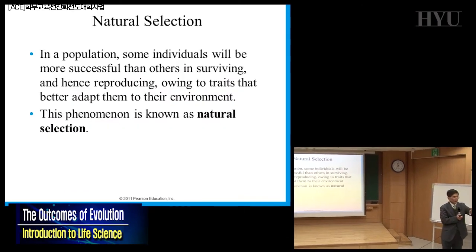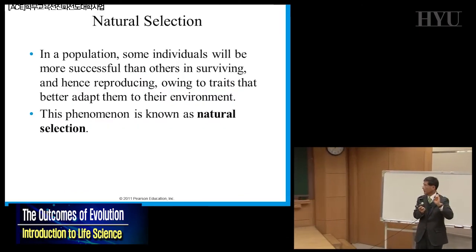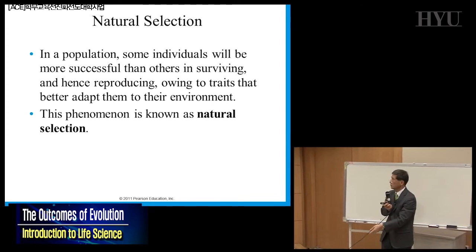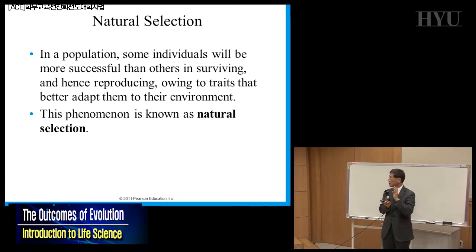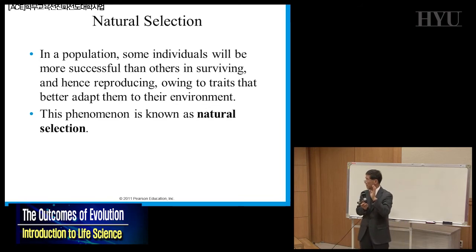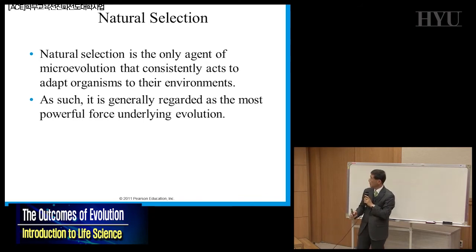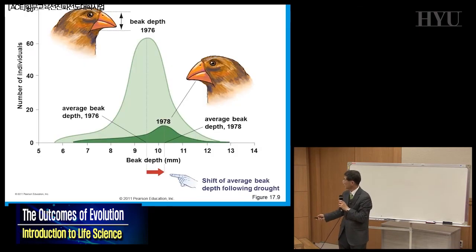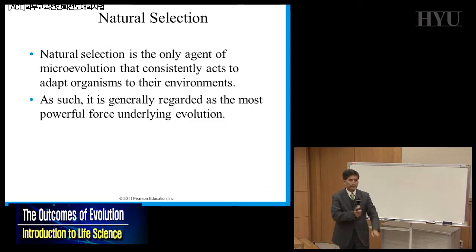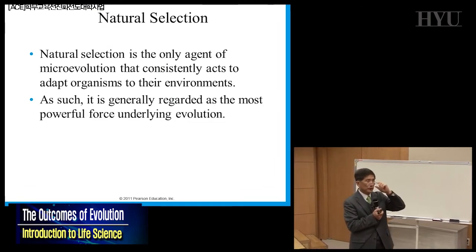Okay, next one is natural selection. In a population, some individuals will be more successful than others in surviving and reproducing, owing to traits that better adapt them to their environment. This phenomenon is called natural selection. But you have to be careful about it.